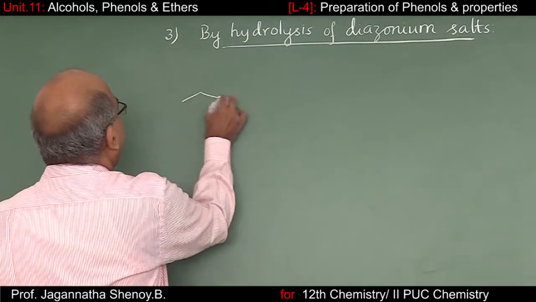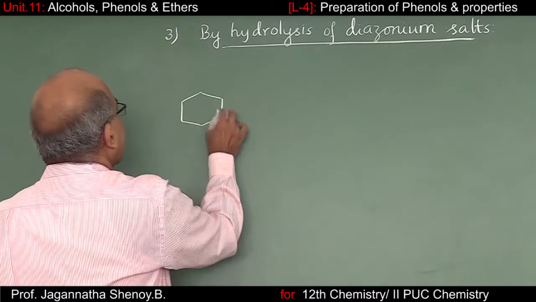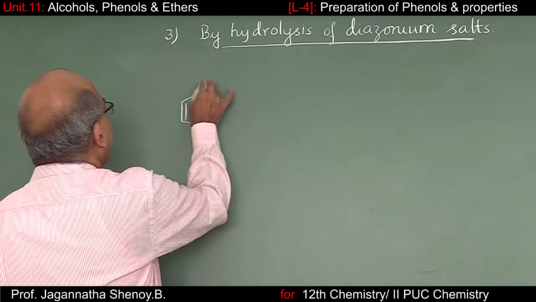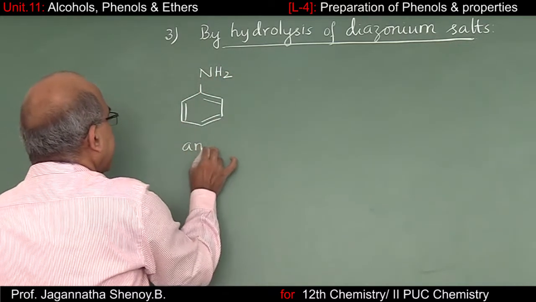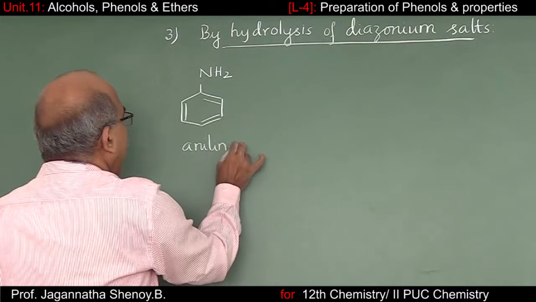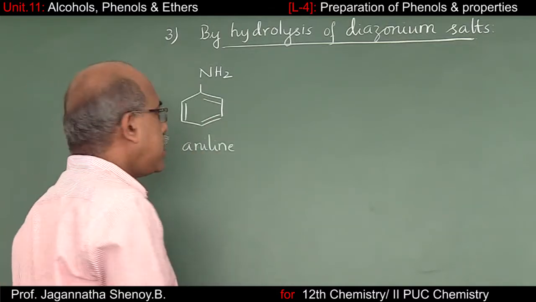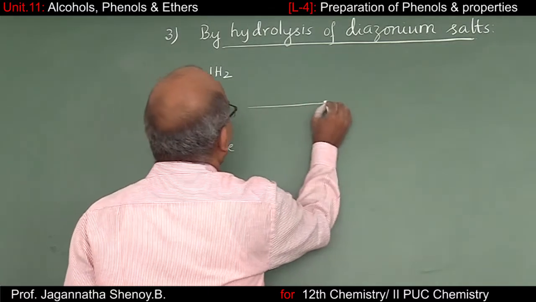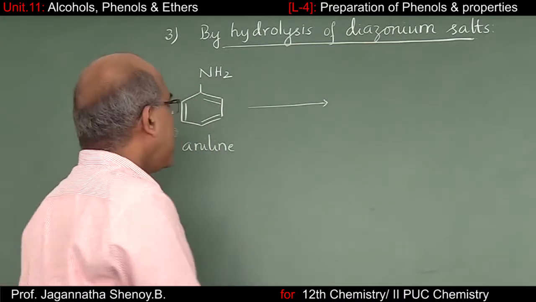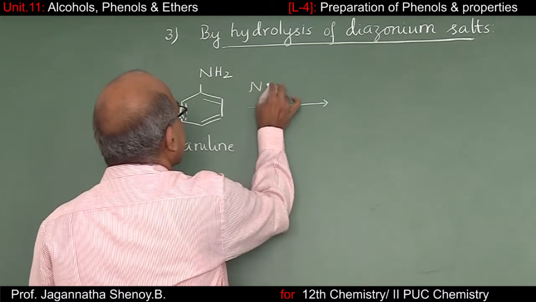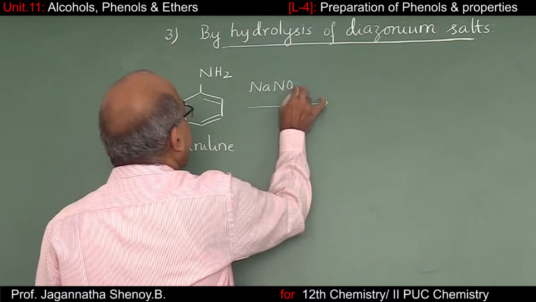We start from aniline. In general, we have to start from an aromatic primary amine, and we have to treat it with nitrous acid. You know that nitrous acid can be prepared in situ by treating HCl with sodium nitrite.